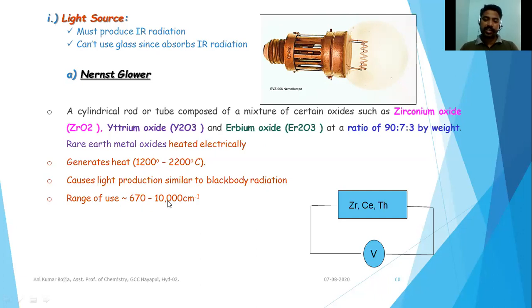Previously we have studied that the near IR region contains radiation from 12,500 to 4,000 centimeter inverse. Means the Nernst glower is producing radiation from the near infrared region to the far infrared region.